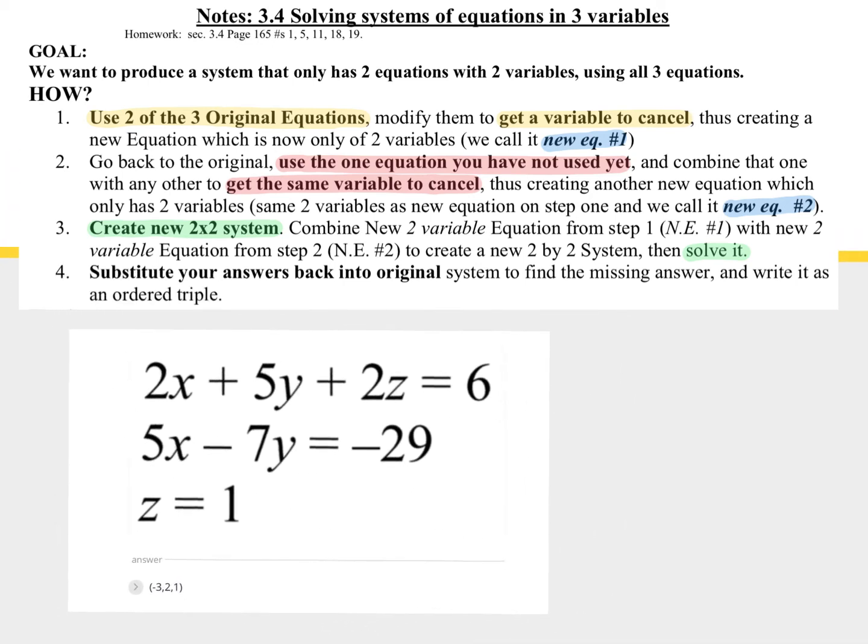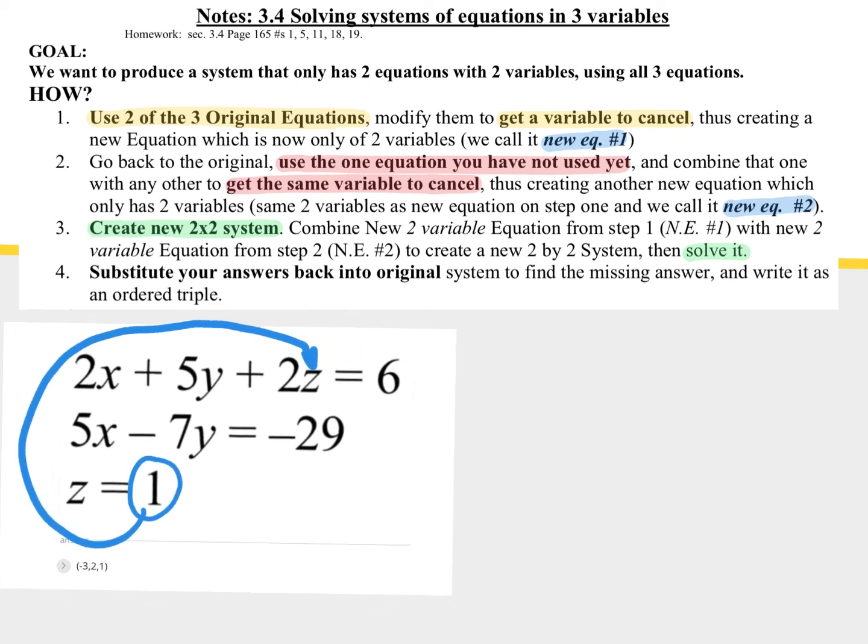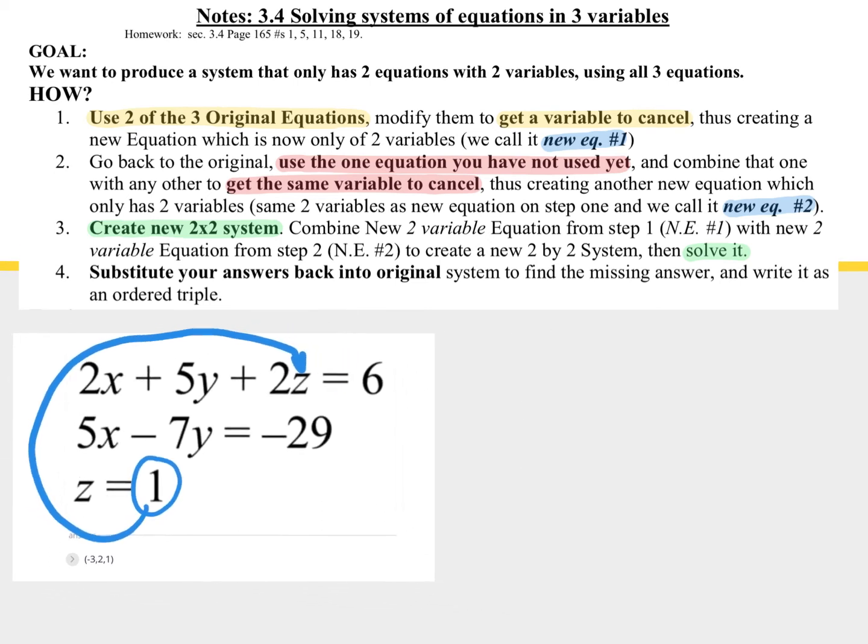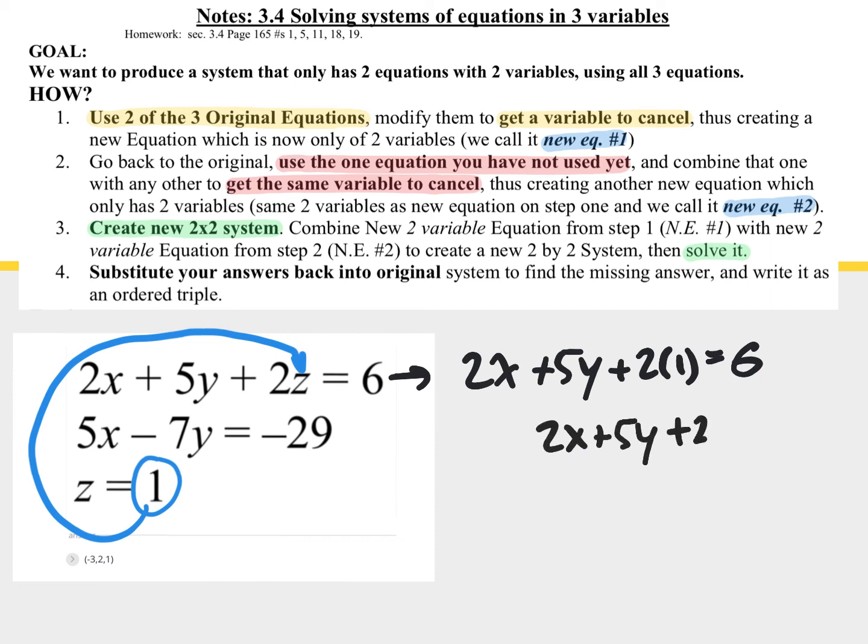I'm simply going to take the z value of 1 and plug it in to here. Okay? So when I plug it into there, my equation up on top will be 2x plus 5y plus 2 times 1 equals 6. And of course, I could clean this up a bit. 2x plus 5y plus 2 equals 6.